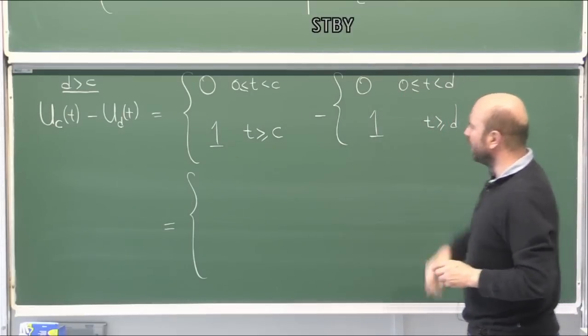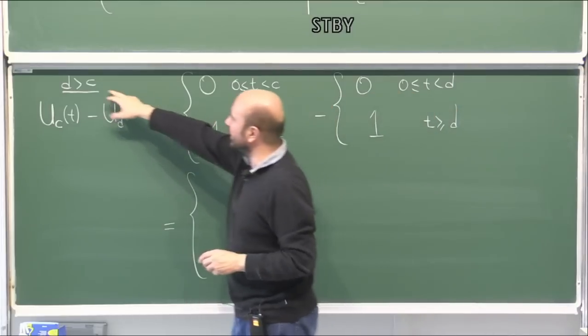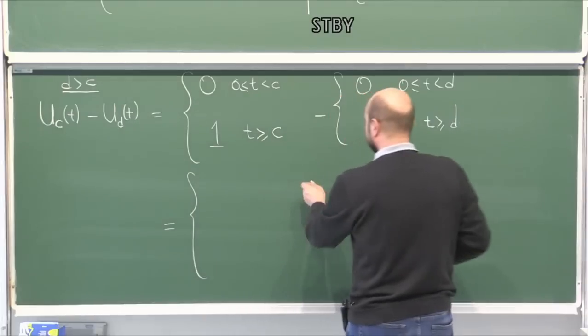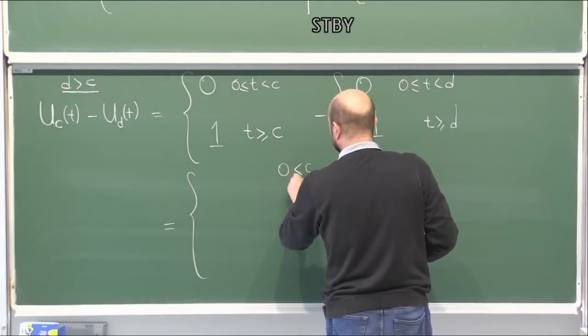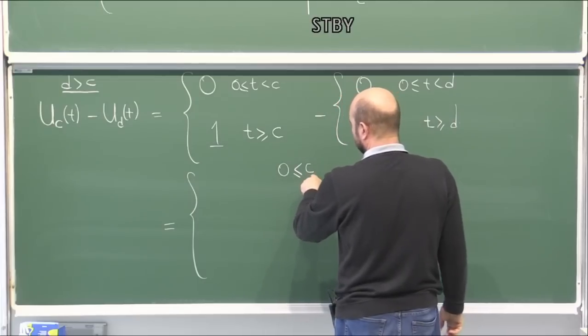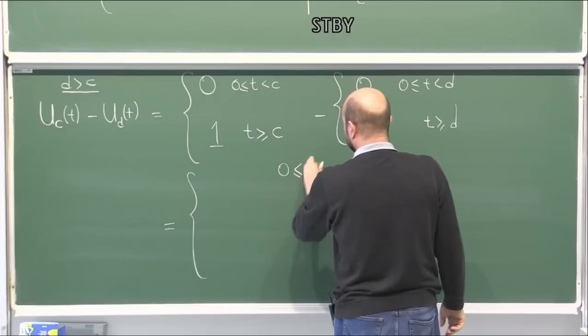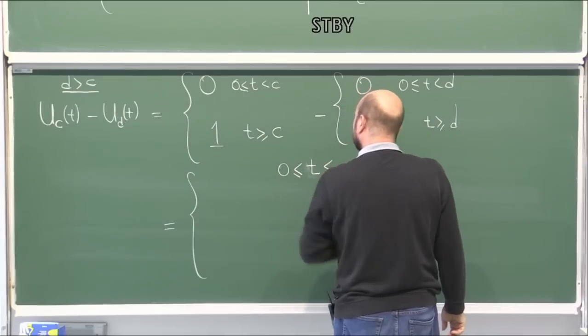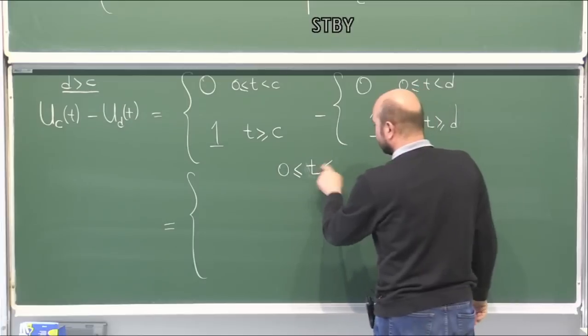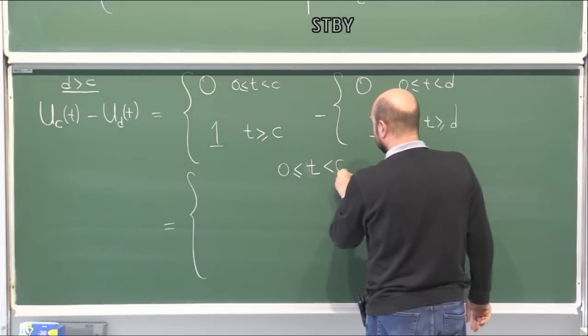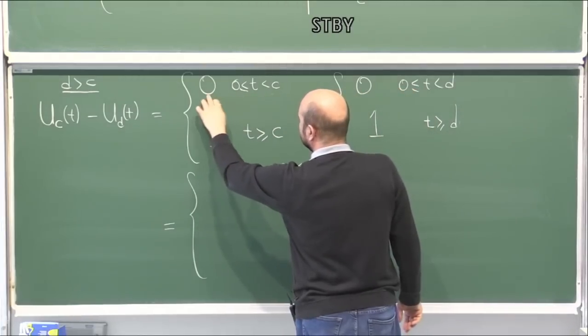So then what happens until c, because c is less than d? When time is less than c, then this is 0.